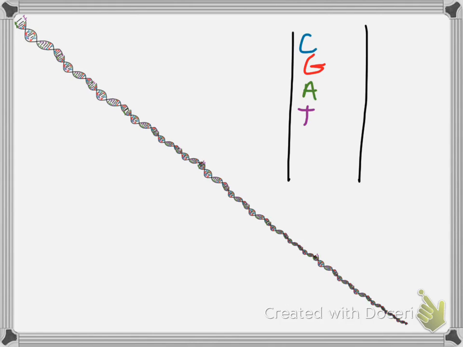A to T. A thymine. No. C, cars park in garages, guanine. If we have guanine, what's going to pair to that? Cytosine. If we have adenine, what's going to pair to that? Thymine. If we have thymine, what's going to pair to that? Adenine. This is called the base pair rule.